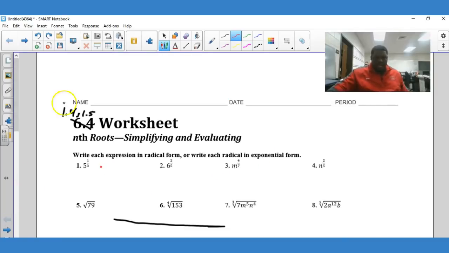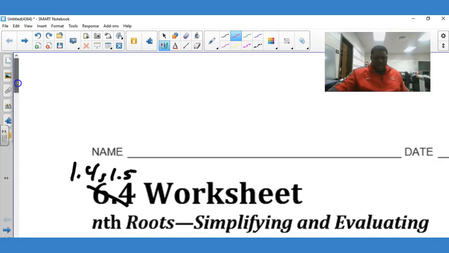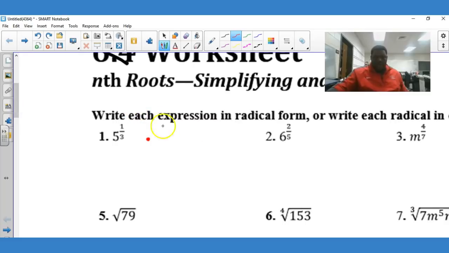So now let's go back and look at number 1. Number 1, write each expression as a radical. If we write this as a radical, again, the denominator is our index, and the top is our power.